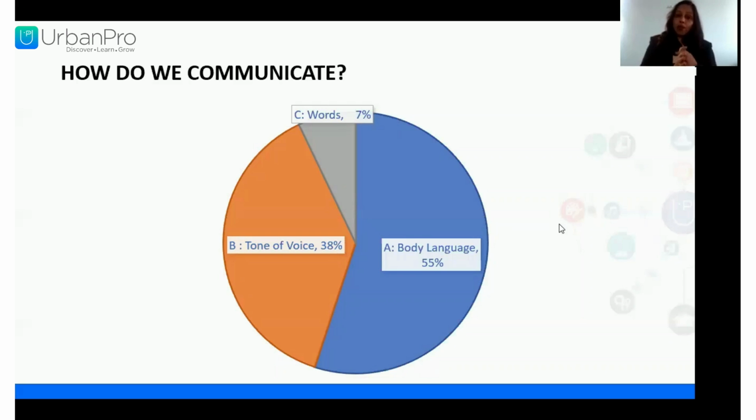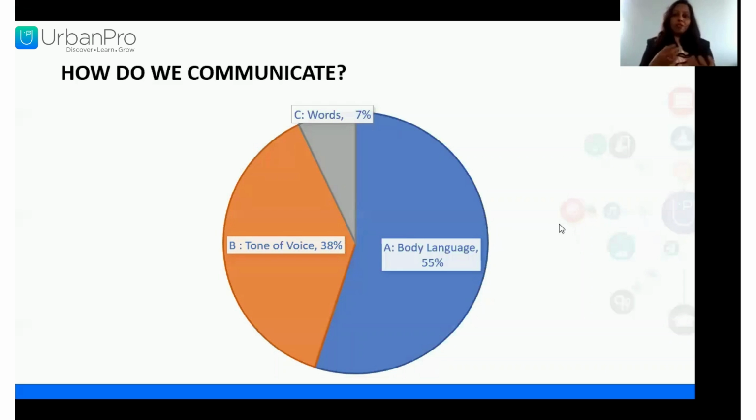Today I'm going to cover a few points from body language and tone of voice. Of course, the presentation which you have created has a lot of value. But other than that, 38% is your tone of voice and 55% is your body language. So we have to take care of that as well.